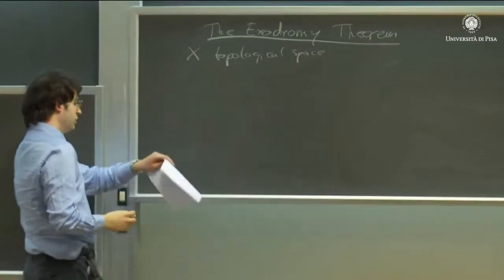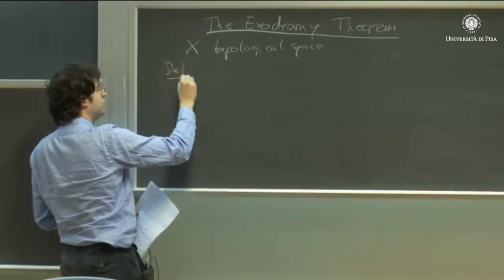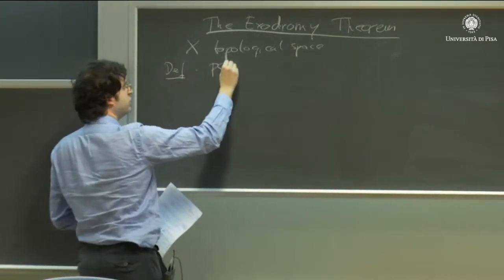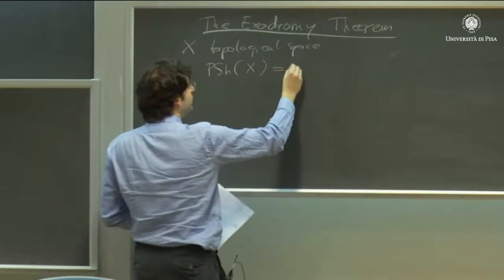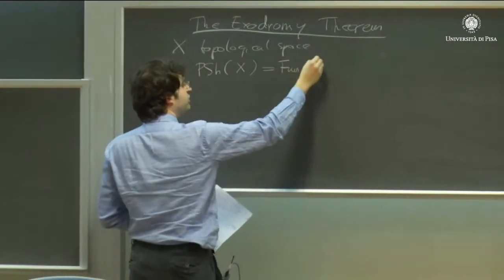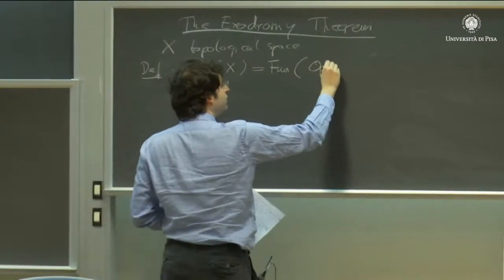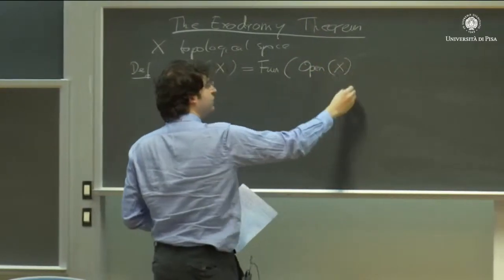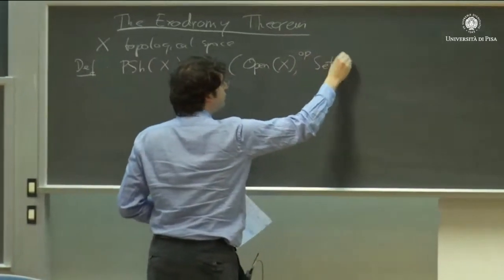Good. So, definition: the category of presheaves over a topological space is defined as the category of functors from the category of open subsets of X to the category of sets.